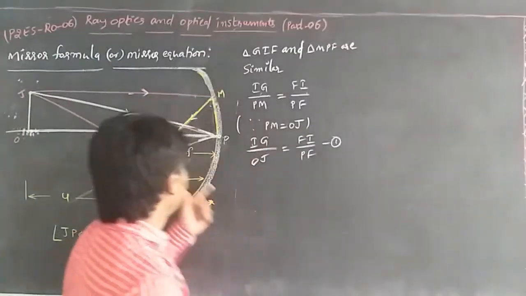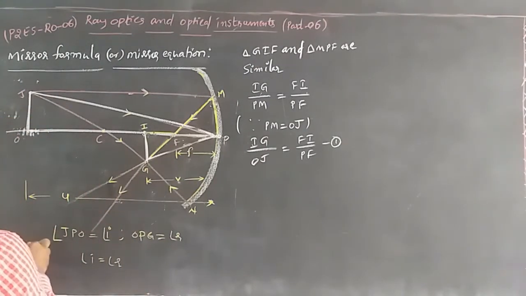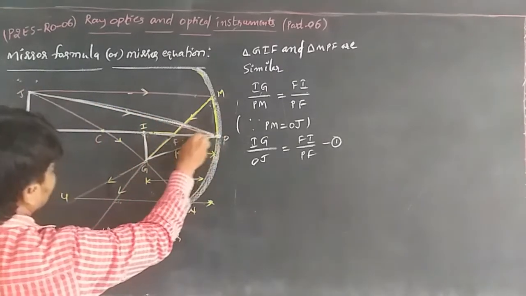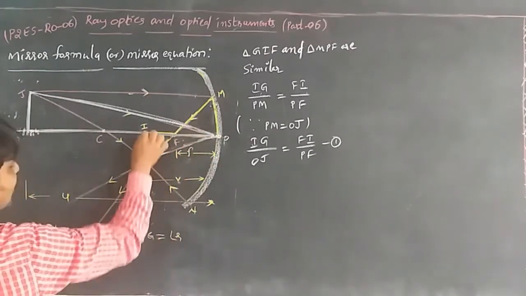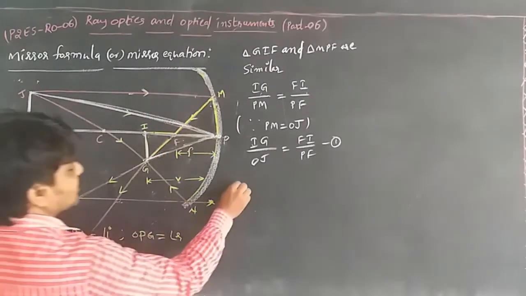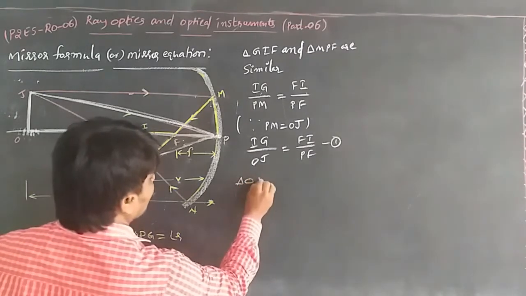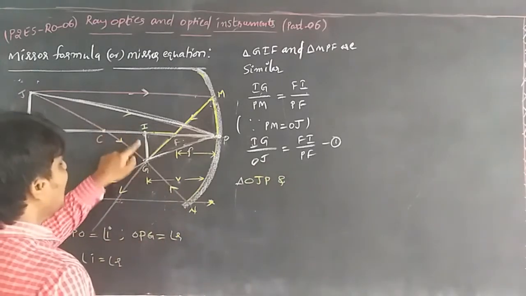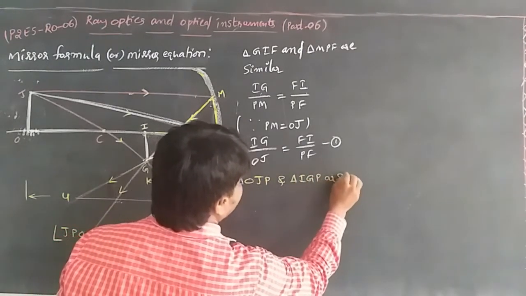Now we look at the similar triangles involving the object: triangle OJP and triangle IGP are similar.